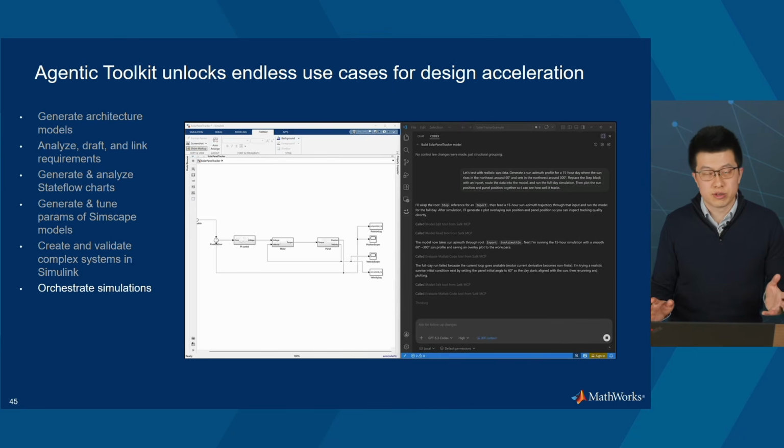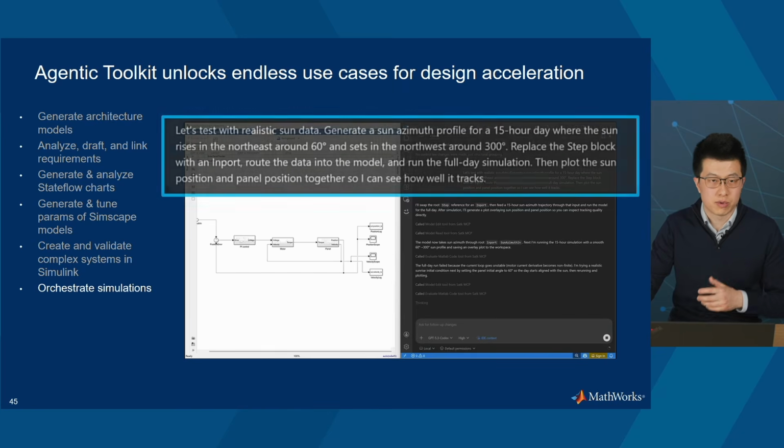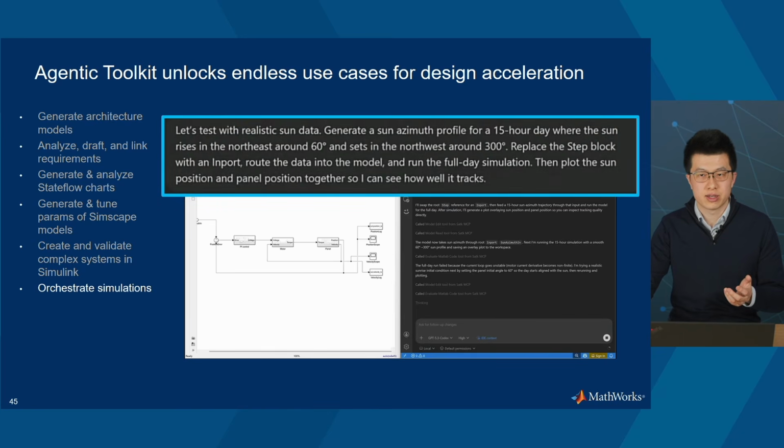With the Agentic Toolkit, you can also automate simulation tasks such as generating synthetic data and using that data as simulation inputs. And this makes configuring the simulation much faster and easier than before. So here I have a sun tracking algorithm for a solar panel. I can prompt the agent to generate data, capturing the sun's movement for a 15-hour day, and route that data into the model by replacing the step block with an inport.